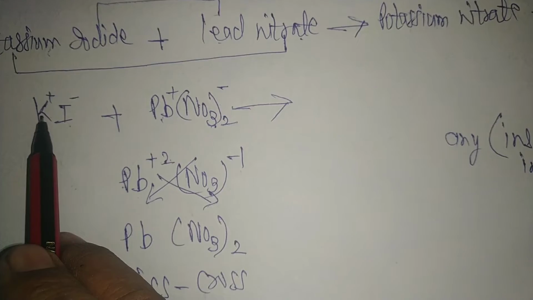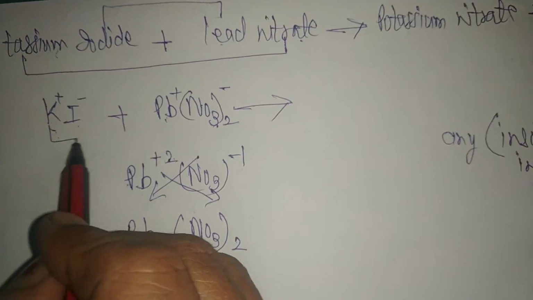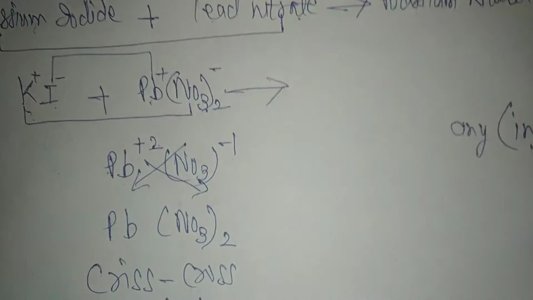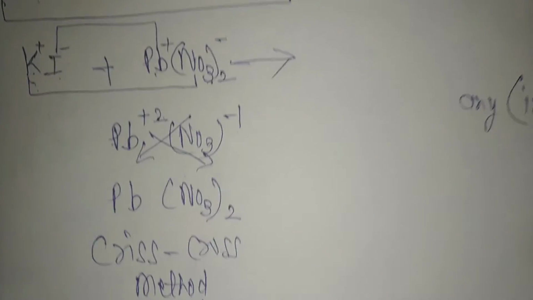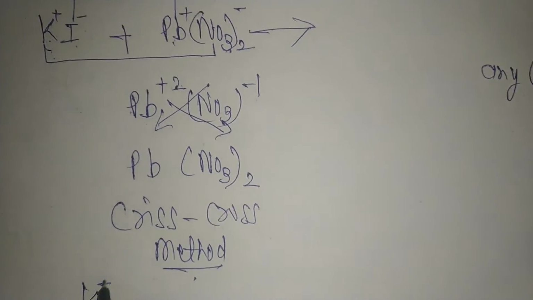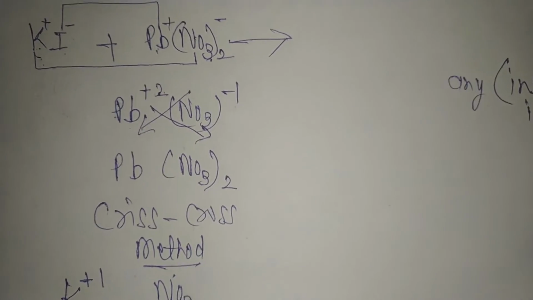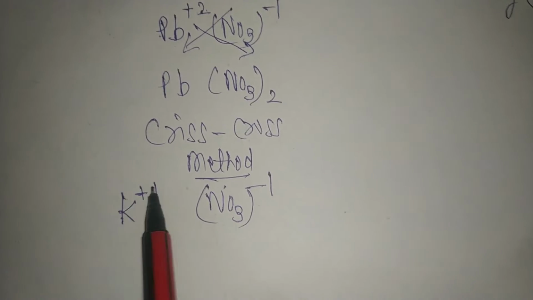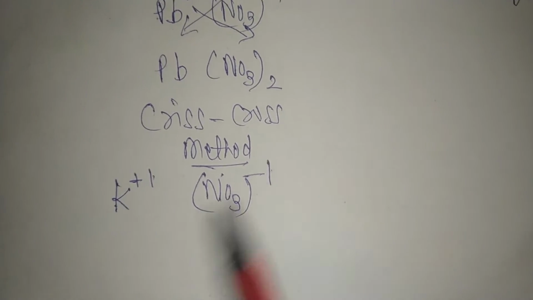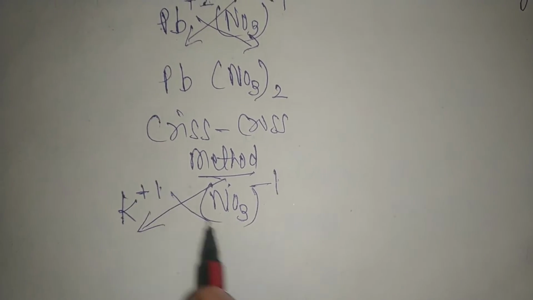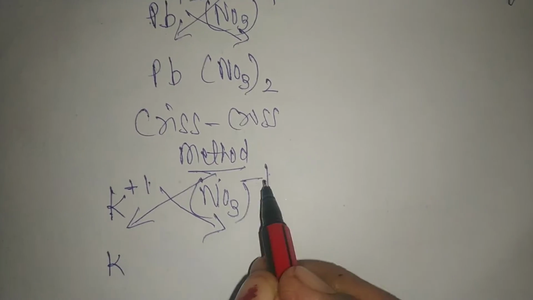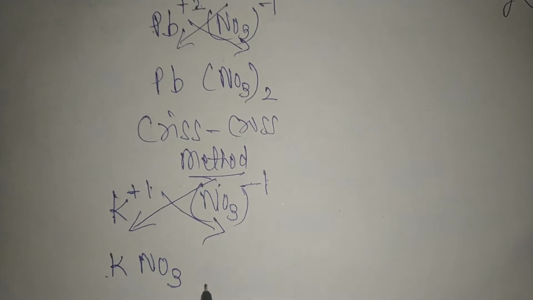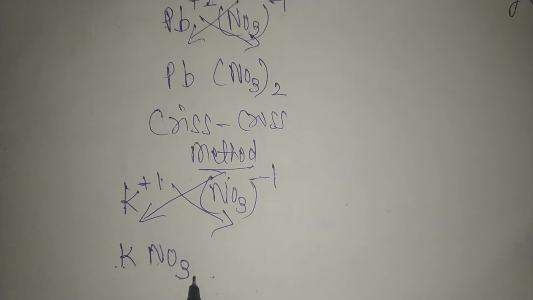So how does the reaction form? This K will go to nitrate and this I will go to Pb. So how will I form the formula? Potassium has valency 1 and nitrate has valency -1. Again the crisscross method, plus minus remains up and it becomes KNO3, which is potassium nitrate.